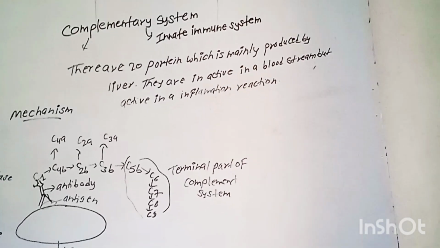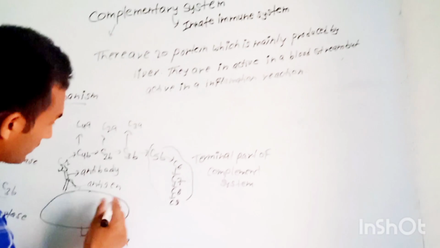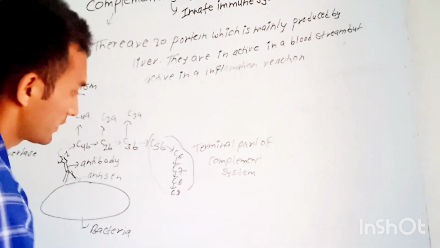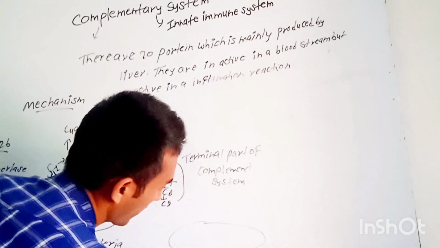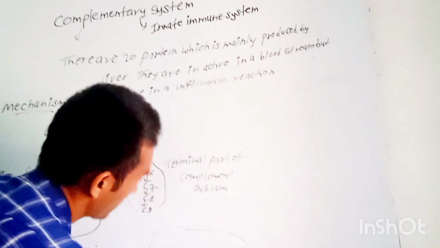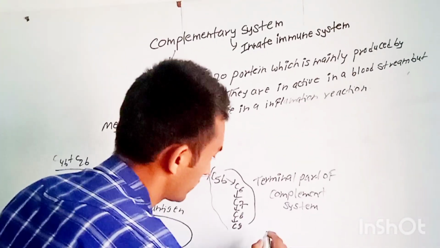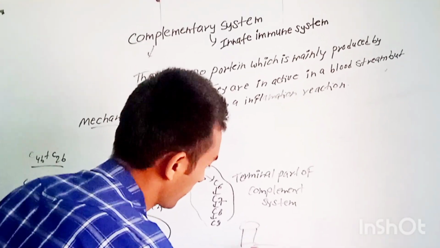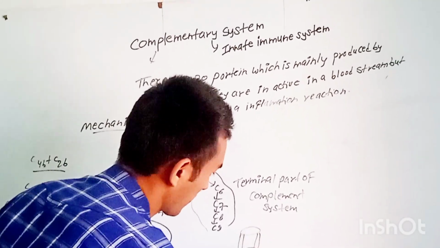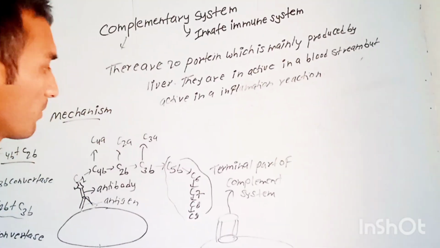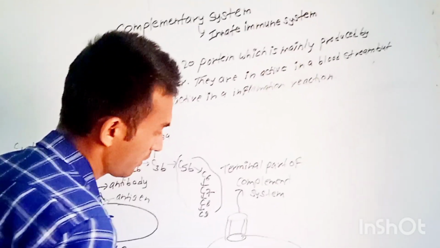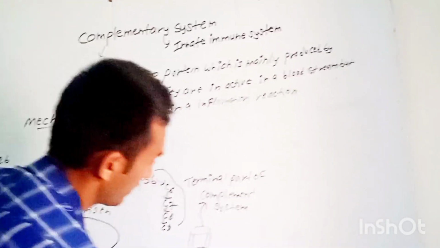Then this protein can detect the bacteria. After the union of C5 to C9, they create a pore.